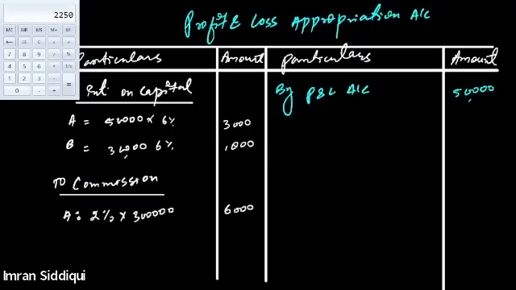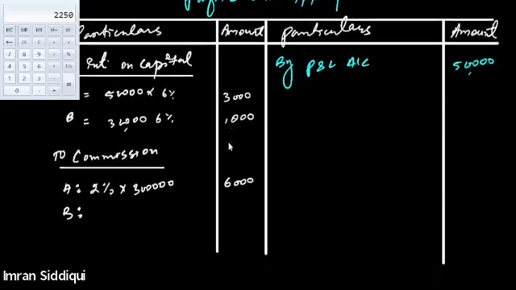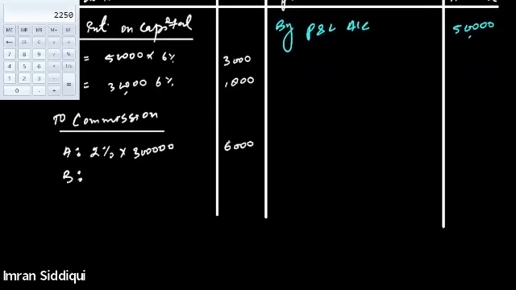We will calculate it at the very end, so I'm leaving some space for it. Then, to salary. B will get a salary of 5,000 per month, that means 5,000 into 12, which will be 60,000 for the year.